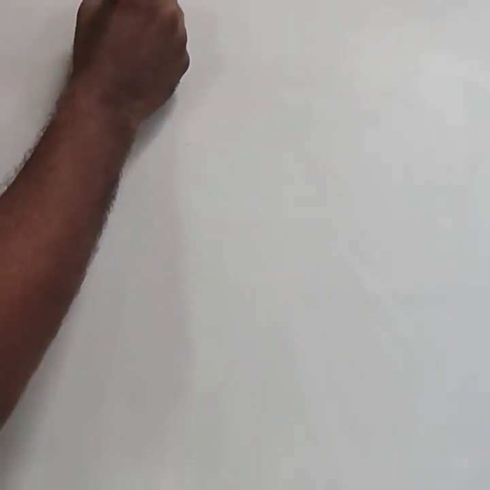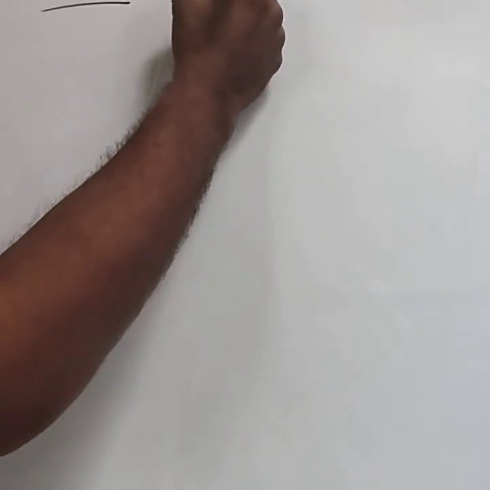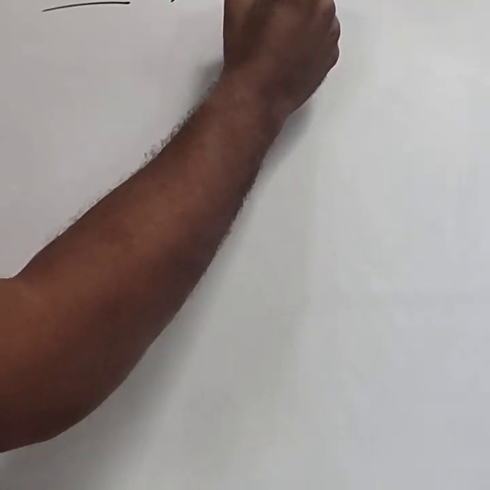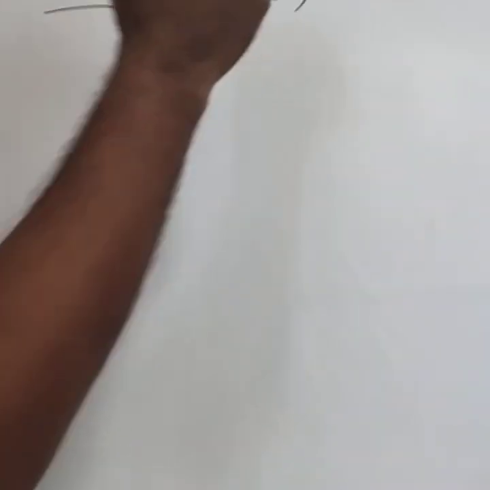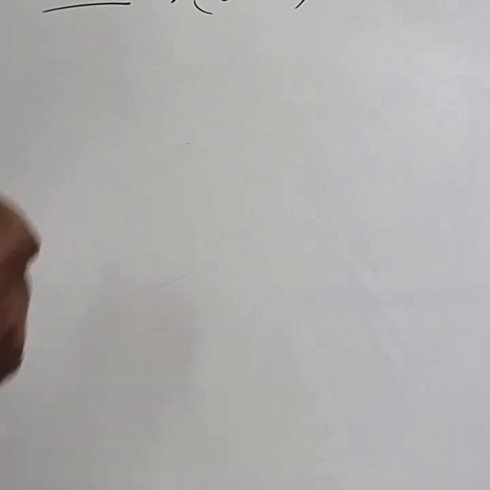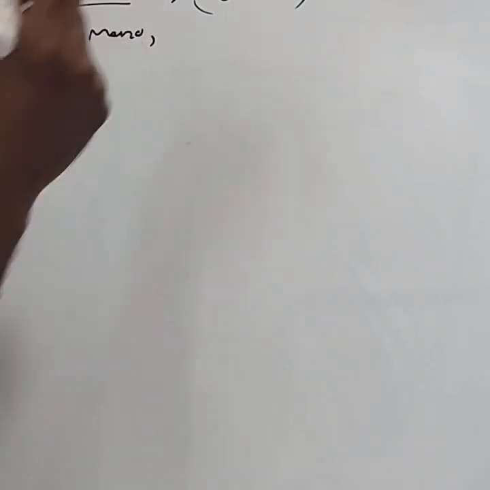Hello students, in this class we discuss the structure of glucose. The molecular formula of glucose is C6H12O6. Glucose is a monosaccharide.